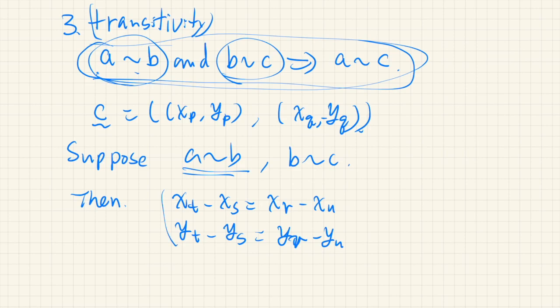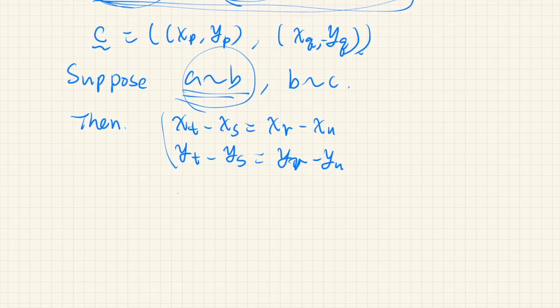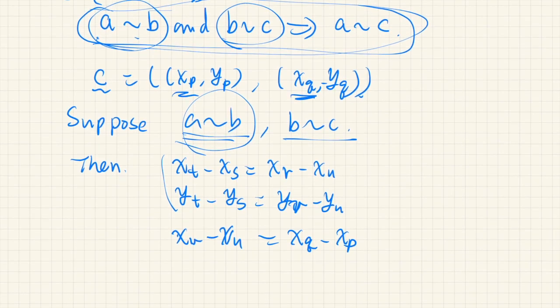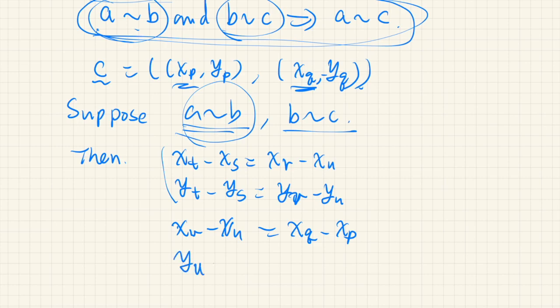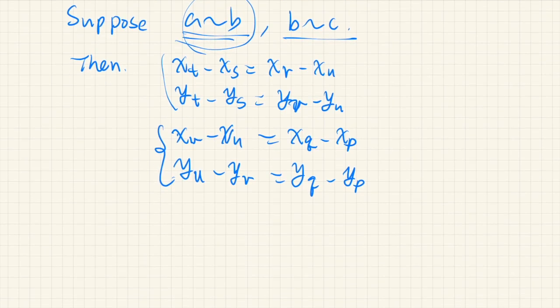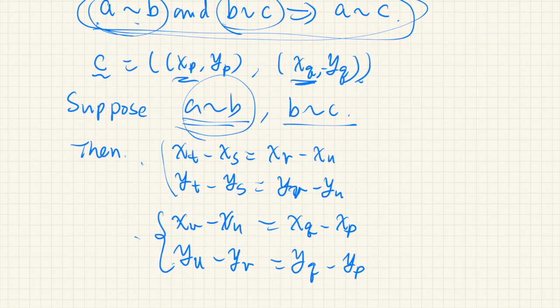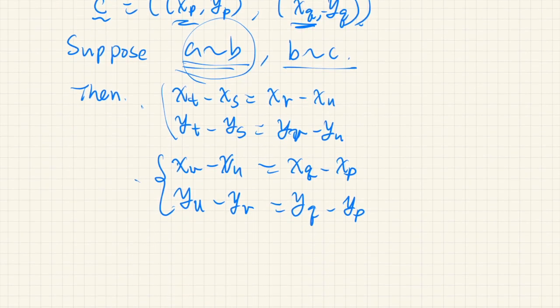So this comes from this, and same thing for this, that is xv minus xu is equal to xq minus xp. And same for y, yq minus yp.